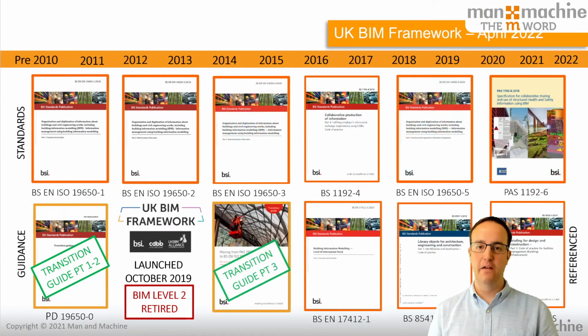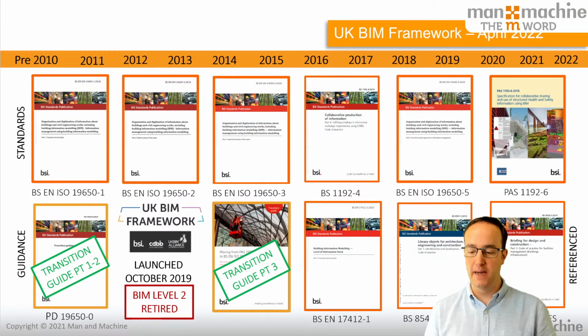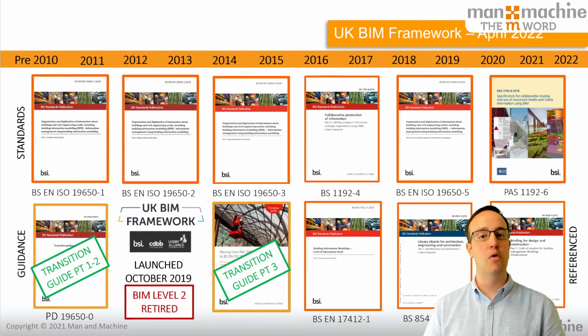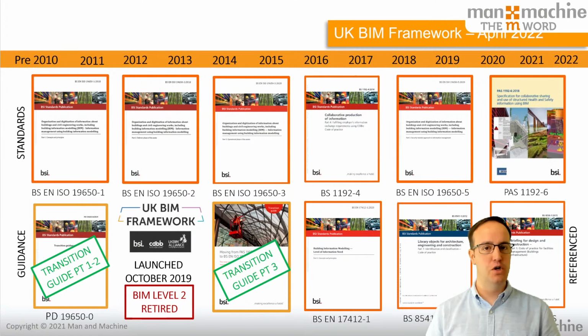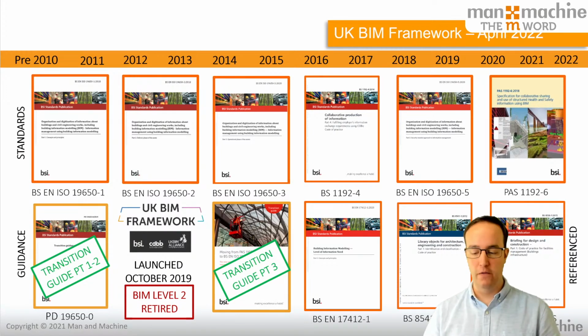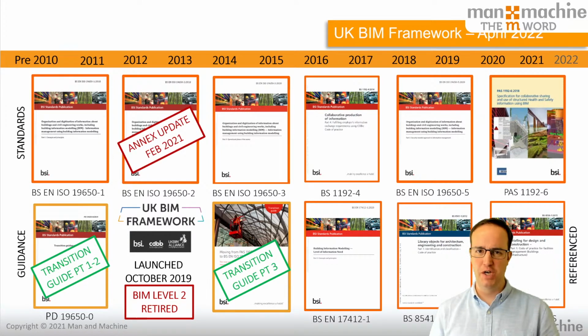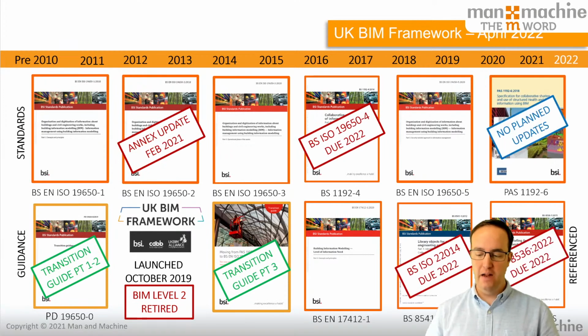And the same is happening for the standards that we need to align to more from a manufacturing perspective, such as the 8541 series, which explains how to manufacture, how to model and add information to your BIM models, for example. They're due this year, but over the next year, they will transition into another new ISO, 22014, which is due at some time this year. So this isn't going anywhere.